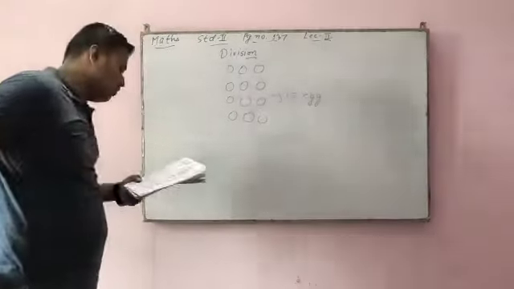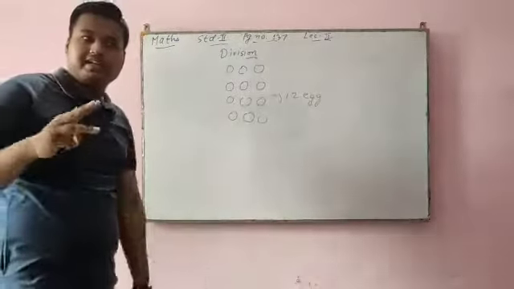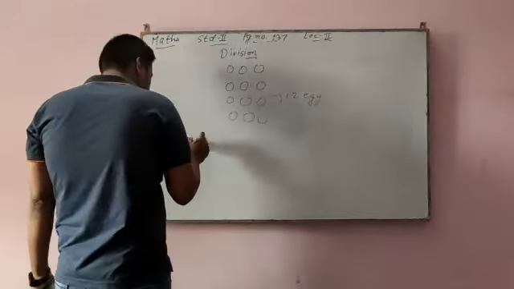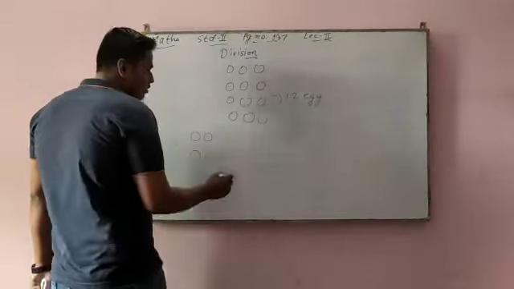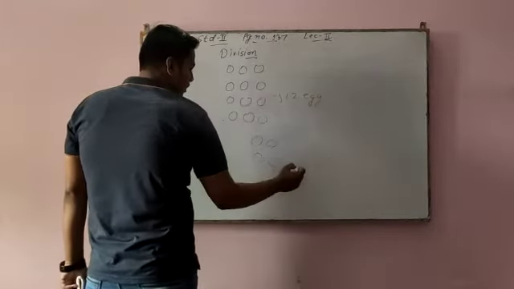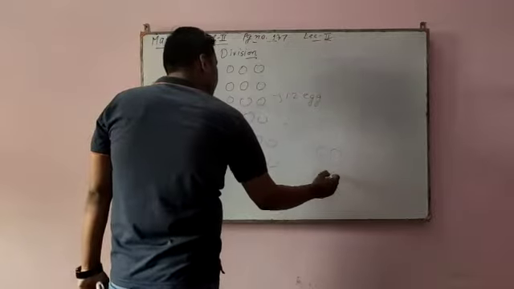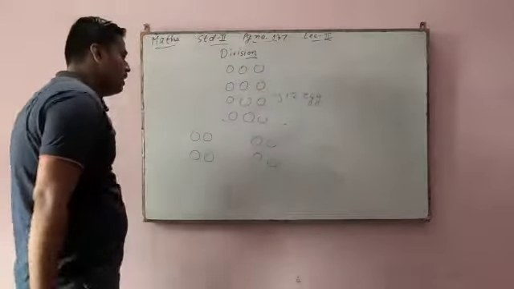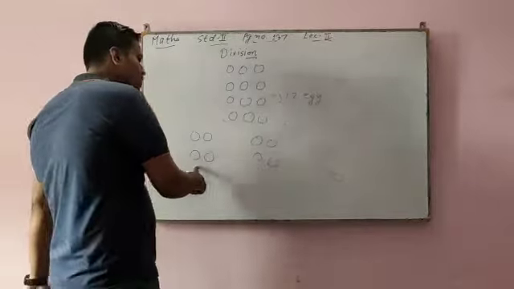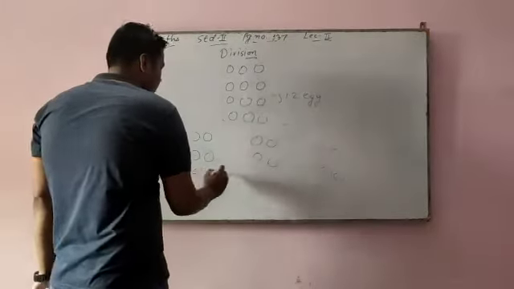Now these 12 eggs I am dividing into 3 equal groups. 3 groups means, see, 1, 2, 3, 4; 1, 2, 3, 4; and 1, 2, 3, 4. Each of the 12 eggs I have divided into 3 equal groups, and each group has 4 eggs.